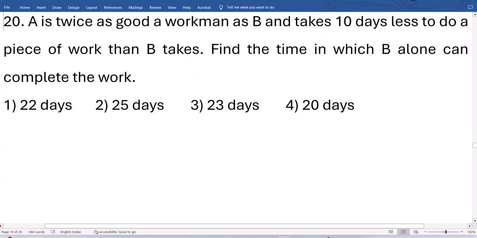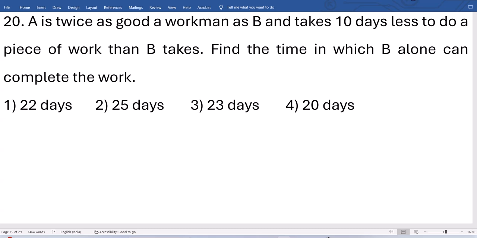So last question. A is twice as good a workman as B and takes 10 days less to do a piece of work than B takes. Find the time in which B alone can do the work. Again, it's a very simple logical question.